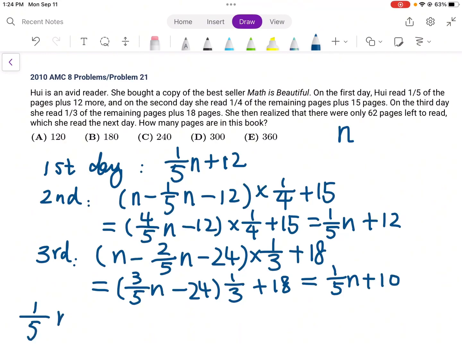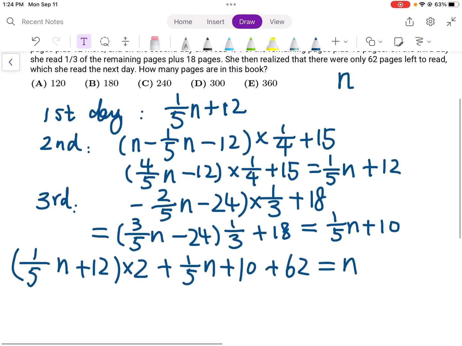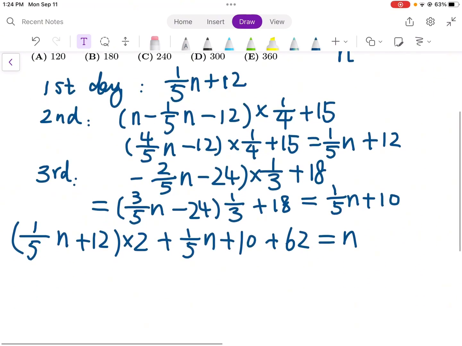So we sum up the pages she reads for the first 3 days. That's (1/5 n plus 12) multiplied by 2, because the first 2 days she reads the same, plus the third day 1/5 n plus 10, plus the fourth day she reads 62 pages, and that equals n. Now we can simplify this equation.